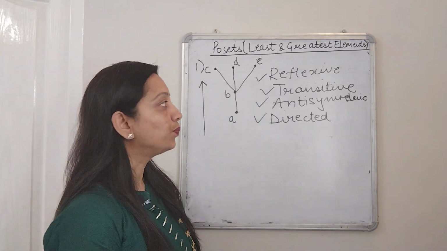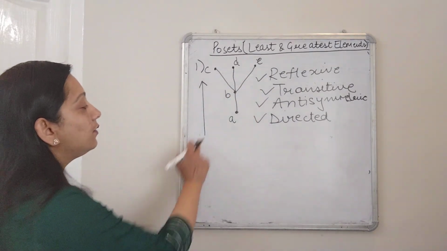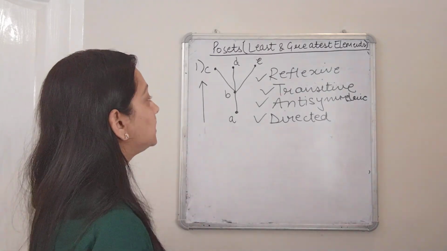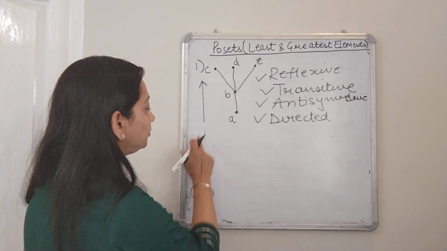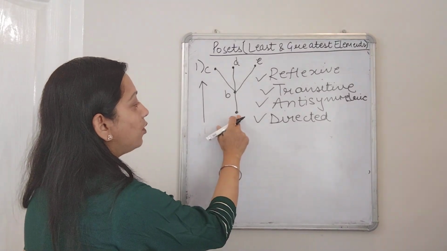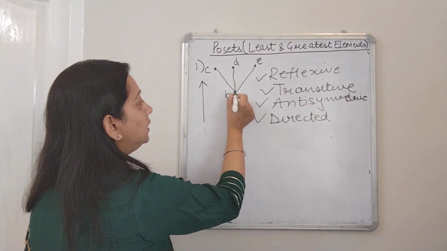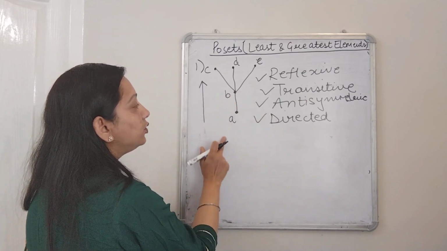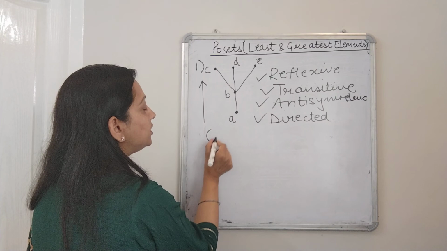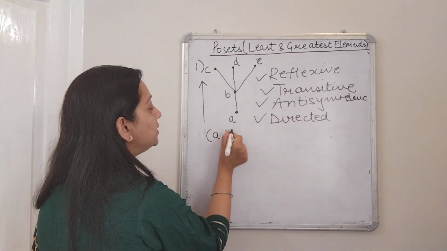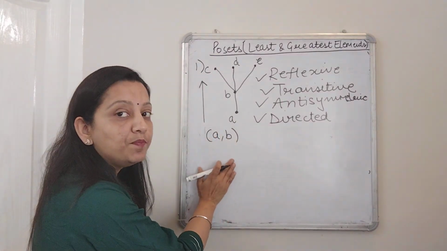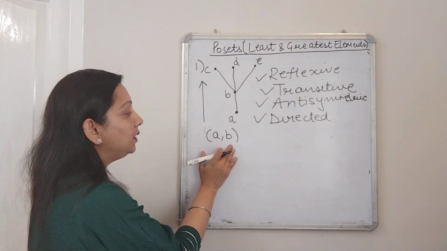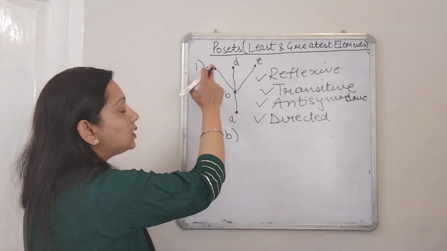Now let us see if there is any least or greatest element in this Hasse diagram or not. We will start from A. I know there is a relation between A and B, and as the relation goes upwards, this would be AB. That means A is related to B, B is not related to A. We can say A R B, or (A, B), because the relation goes upwards.